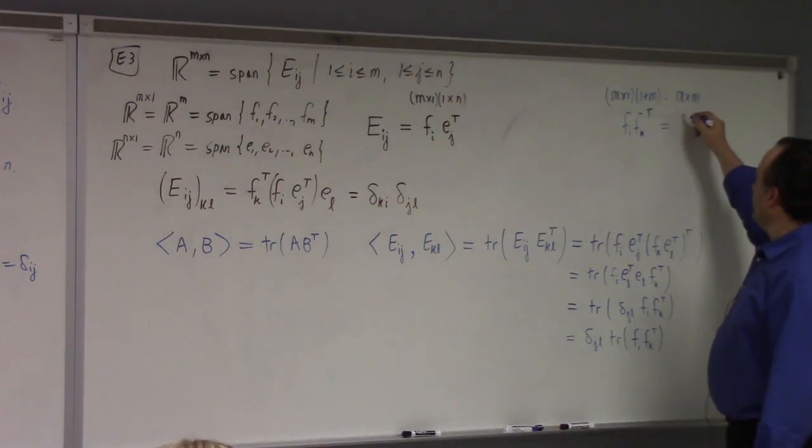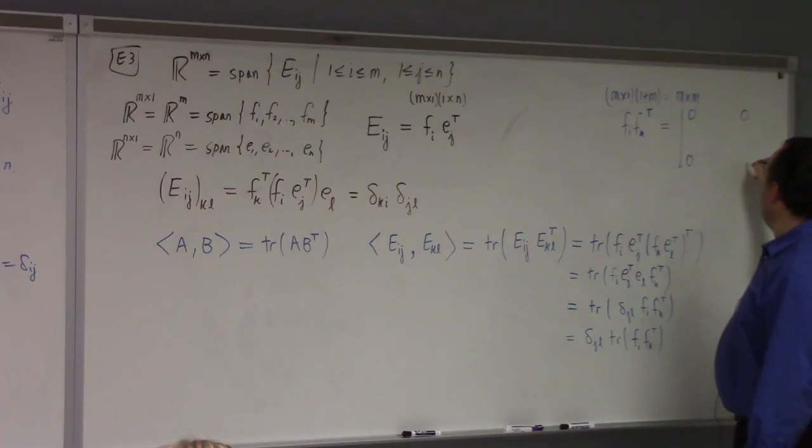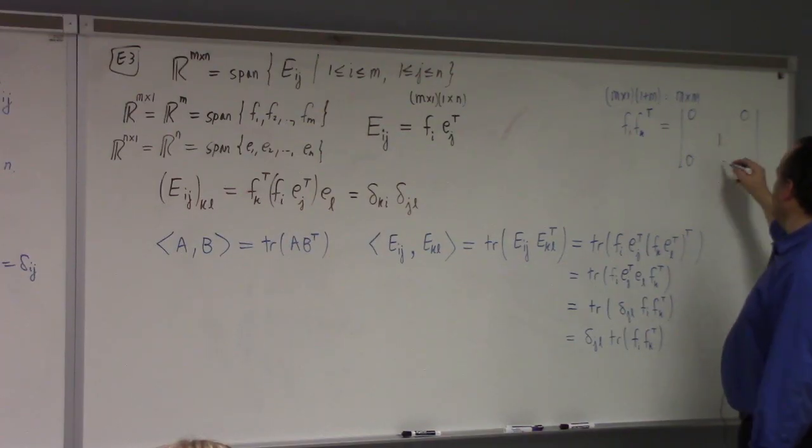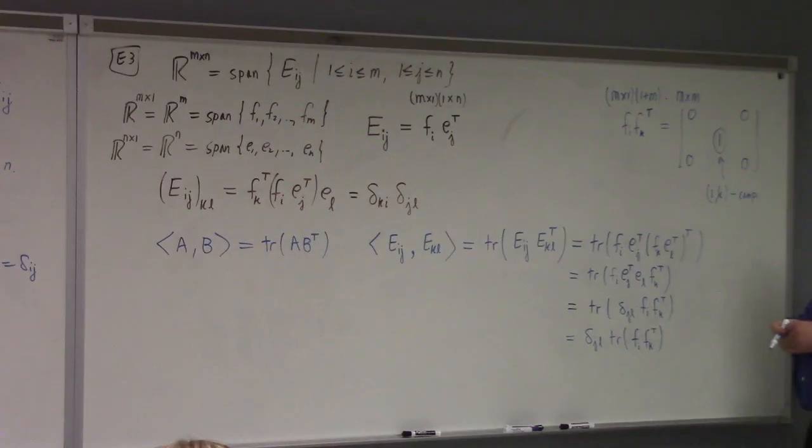It's mostly zeros, right? Except what? It's got a 1 where? The ikth spot, right? So how does this work out?